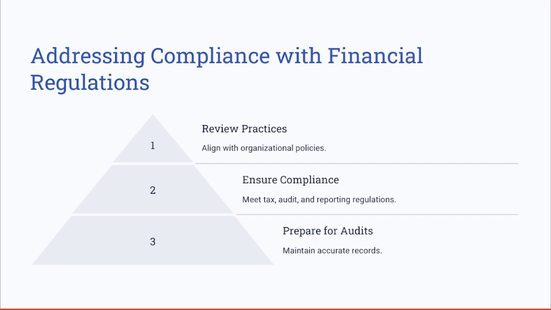So review all of these financial practices to align the project with the organizational policies, and also ensure that you comply with all of the tax and audit reporting as per the regulations, and prepare for potential audits to maintain accurate records.